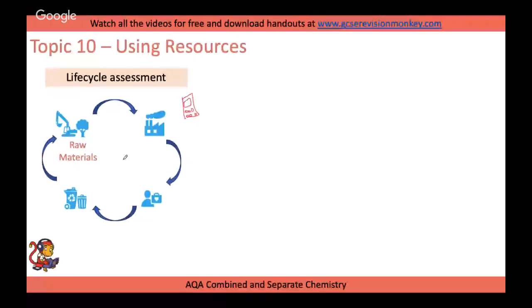So first of all, there's 4 factors. Raw materials. So these are things like, what are you using to make the phone? So it's all of the process involved in, for example, making the plastic. So for this one, you might be extracting crude oil, and you need to think about what effect that has on the environment.